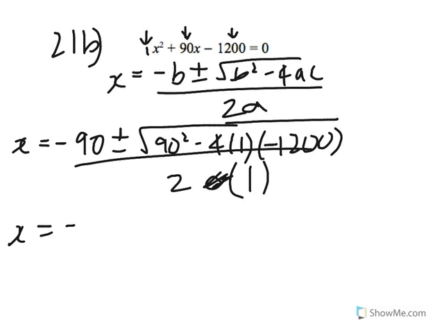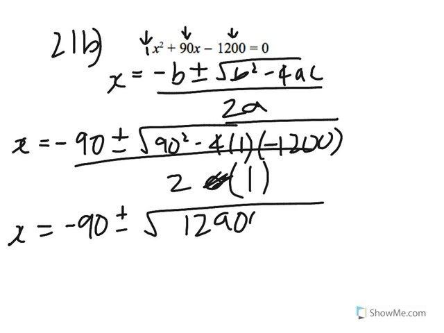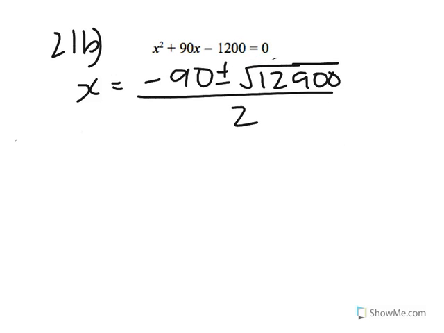So x is equal to negative 90 plus minus square root. I hope you guys know how to do basic algebra. Just put this on your calculator and you're going to get x is equal to plus minus square root of 12,900 all over 2.